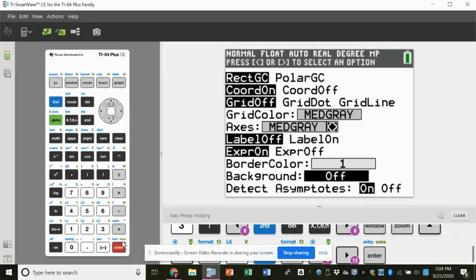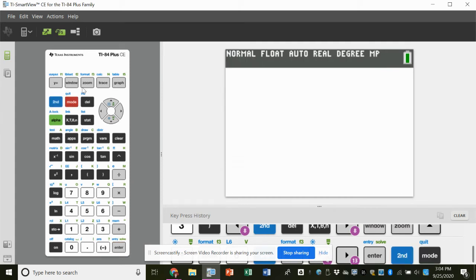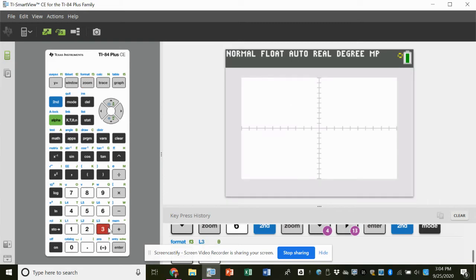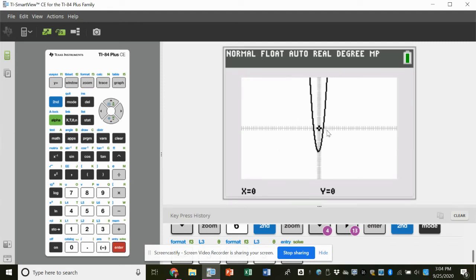There we go. All right. And then we can try to get out of that, and then maybe we can zoom out, so zoom 3. And we still can't see the whole thing, so we can zoom 3 again and zoom out a little bit more, and we can see kind of where we're at.